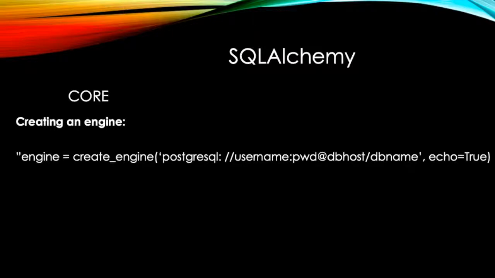And create an engine. So here's how you can create an engine. First, you will import this function from SQLAlchemy, and then you can use it to create an engine. In this example, you can see I'm creating an engine with this database here. And by setting this flag to true, it will output whatever query you send to that database, or whatever is happening in that database, to your terminal, which I will show you as well.